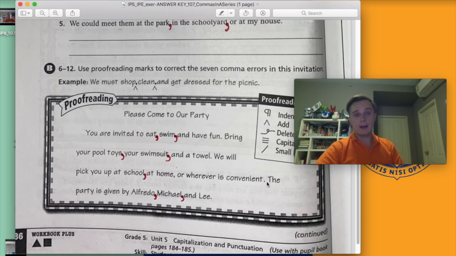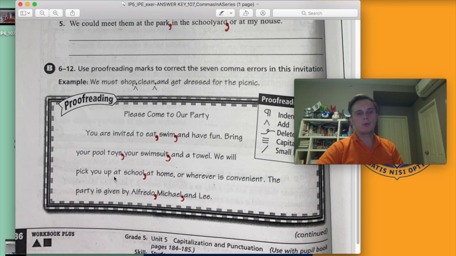Okay, so in section B, you needed to read this paragraph and you needed to add 7 commas to fix it. So you are invited to eat, swim, and have fun. Bring your pool toys, your swimsuit, and a towel.